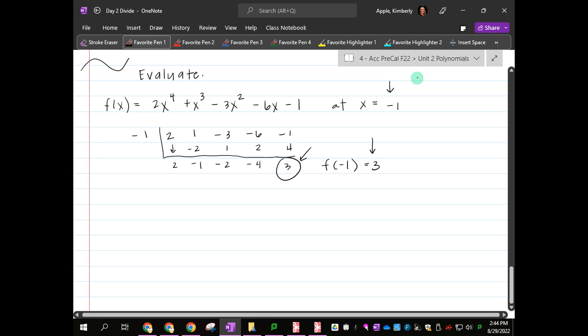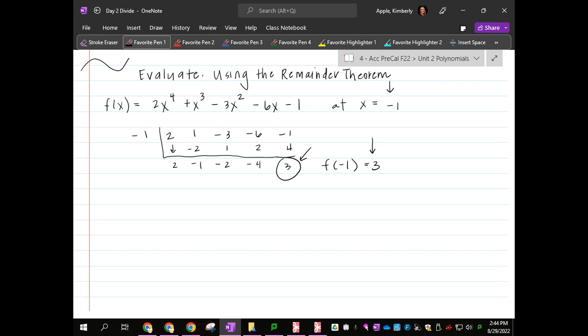You have to do it like this for me tomorrow, using the remainder theorem. And then we can check it by plugging it in. But I need you to know that you can evaluate using this process. Do you see what I did? I'm still amazed that it works. I'm blown away that that's true.